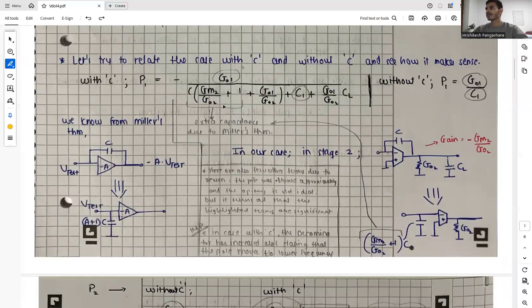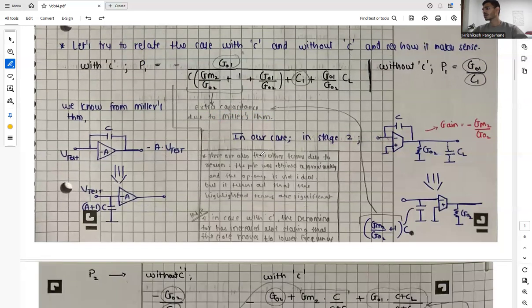Now we can see in the without C case, we had basically G01 by C1, and when C was there in our circuit, we have the term G01 in the numerator as it is. We also have C1 in our denominator, but a few extra things were added in the denominator, which are basically coming from the extra capacitance due to Miller's theorem.